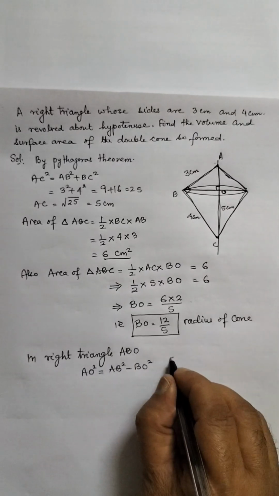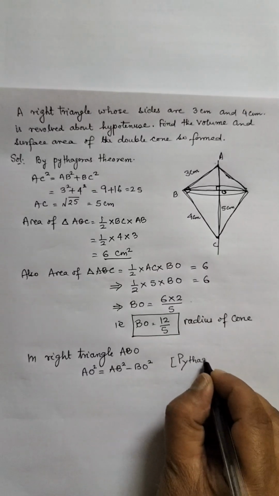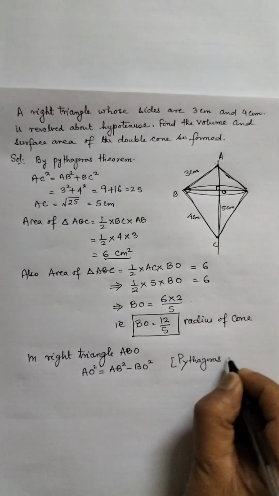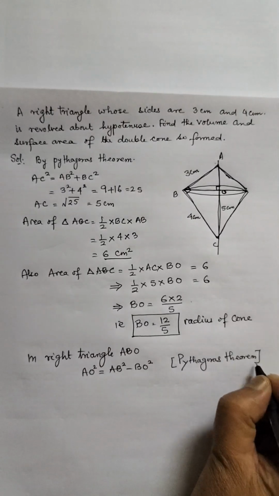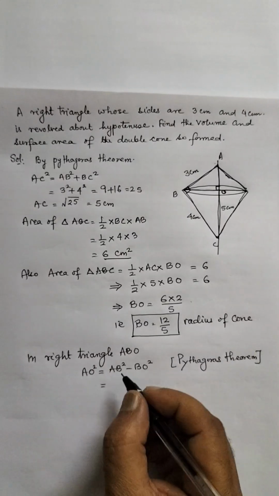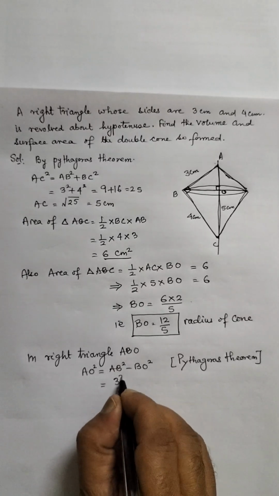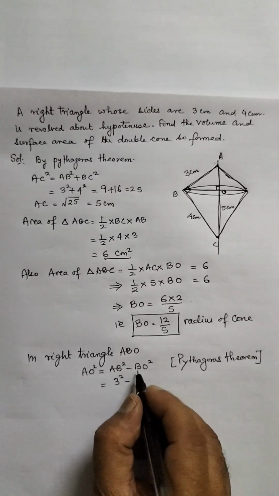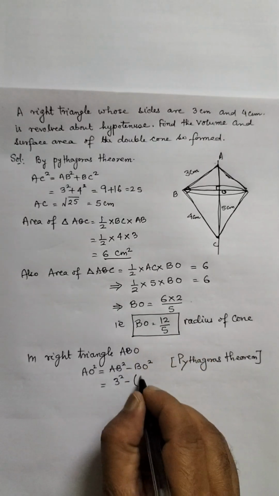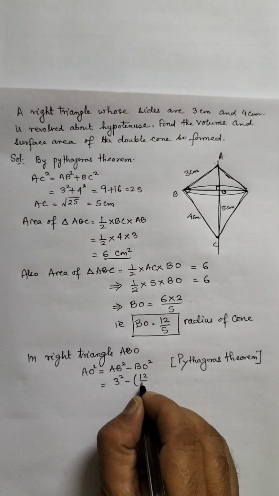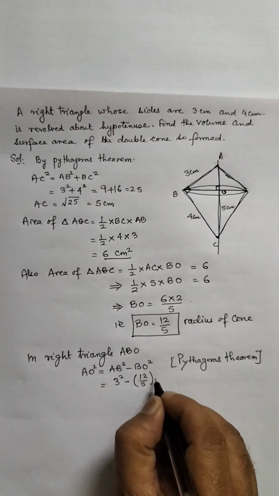This is again using Pythagoras theorem. Now this gives me AB is 3 square minus BO we have just now found out, which is 12 on 5 square.